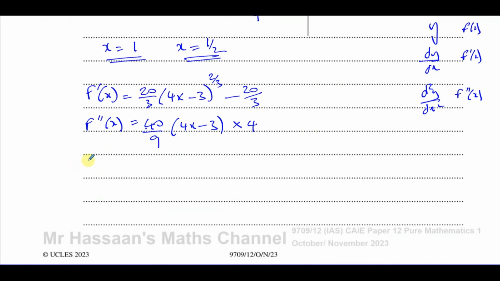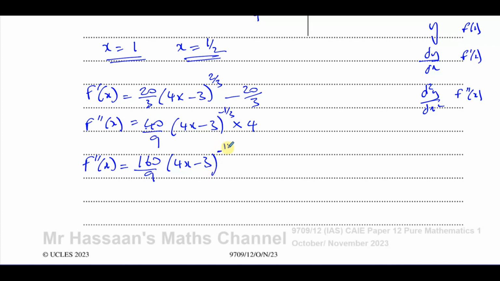So we're left with the second differential given by 160 over 9 times 4x minus 3 to the power of minus 1/3. Why? Multiply by the power, take 1 from the power.